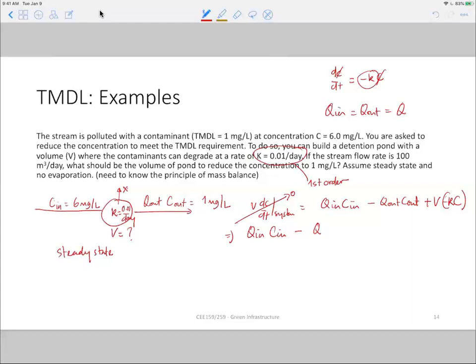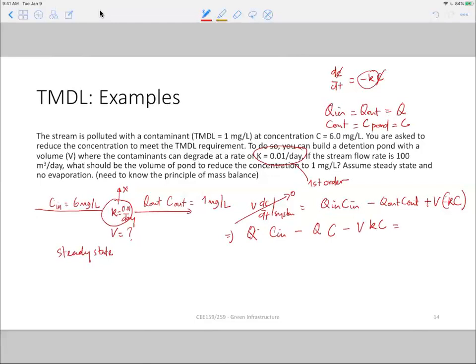There is no accumulation of water in the pond. So I can write this one as Q. Then C out, again same thing. We can say that C out is the same as C in the pond, same as C. Then this is minus V K C.